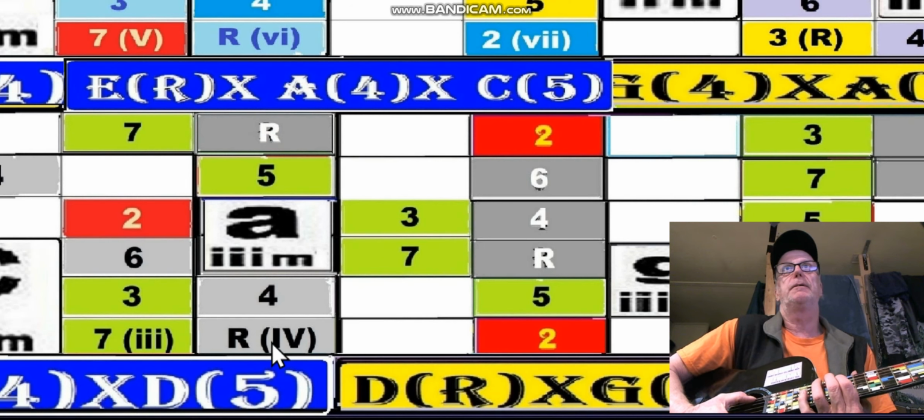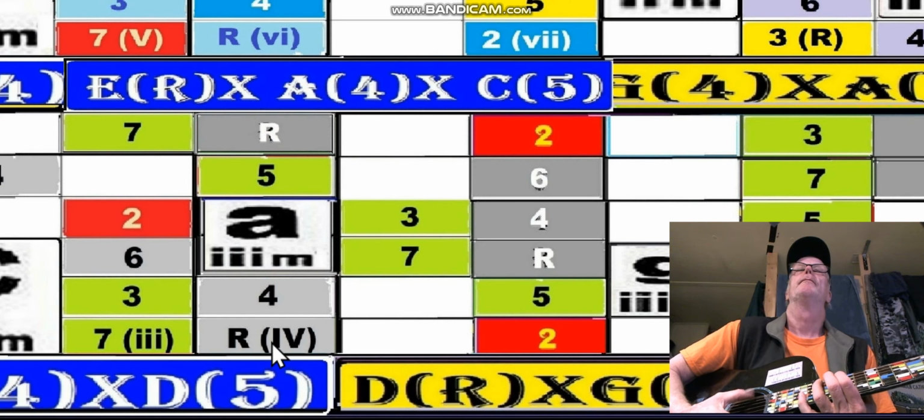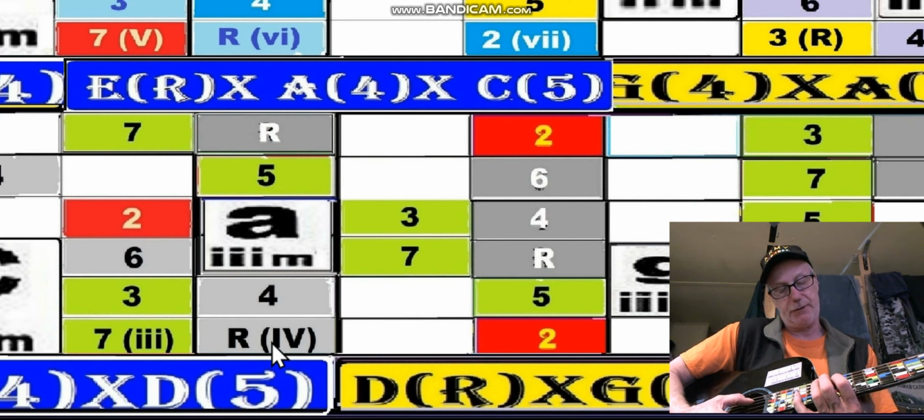It's root 2, 4, 5. That's the top of an S3S, right? It's actually 5, 6, root 2.